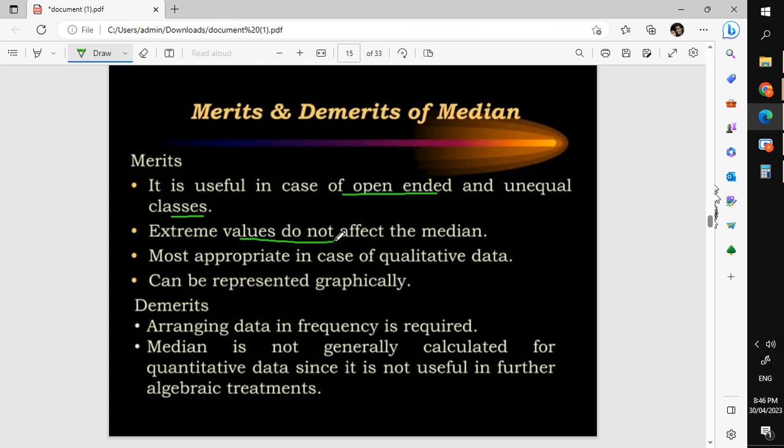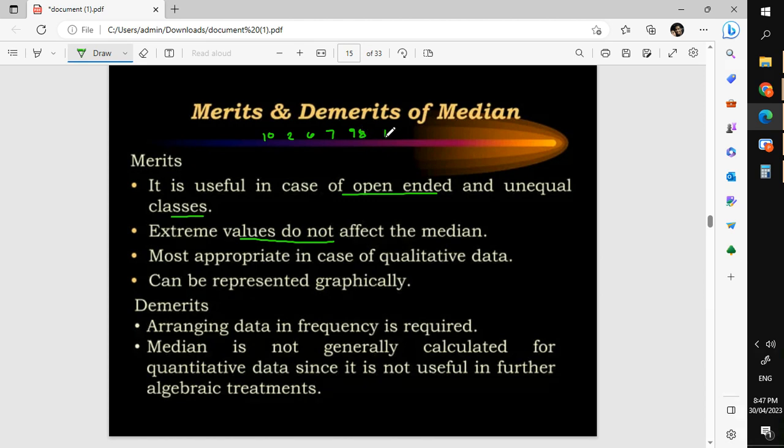But for the median, it won't matter. That's why I think it's the safest. Okay, for example, your data is 10, 2, 6, 7, 90.